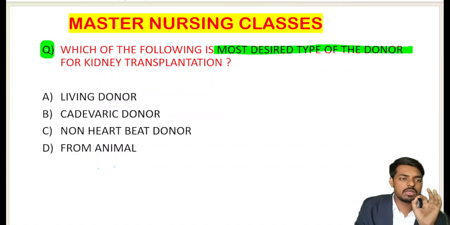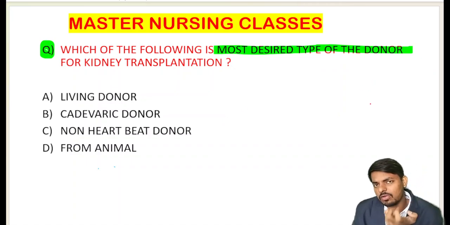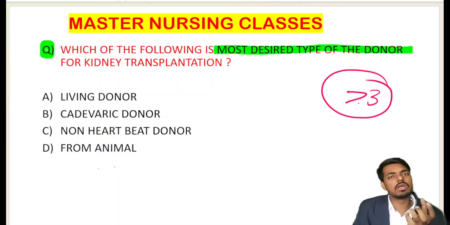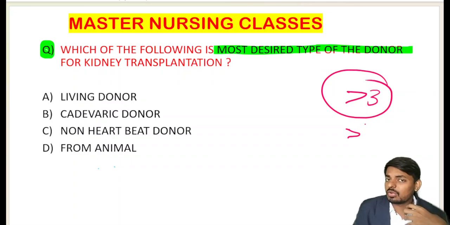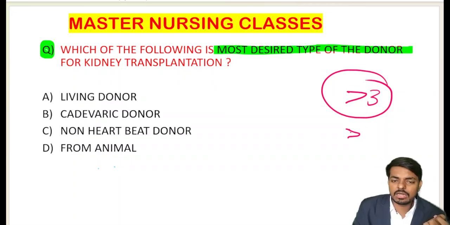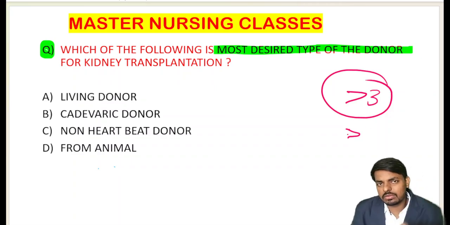Students, all of you know that if somebody's kidney fails to function for more than 3 months, we call that chronic renal failure or chronic kidney disease. If the kidney's corticomedullary differentiation is lost, meaning we are unable to differentiate the cortex from the medulla, at that point also we will need to transplant the kidney, and the kidney is unable to excrete metabolic waste.